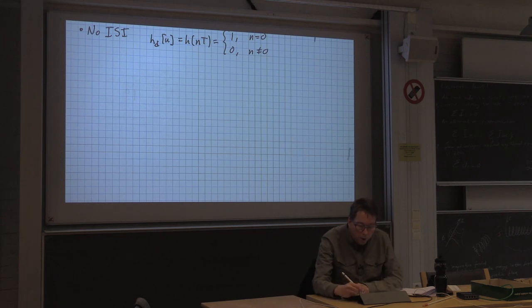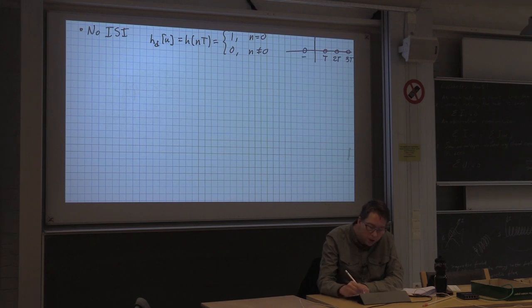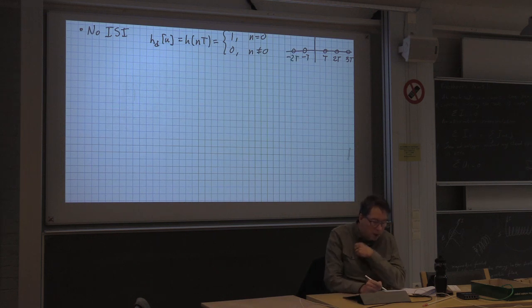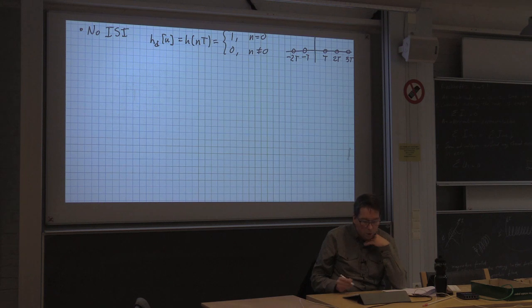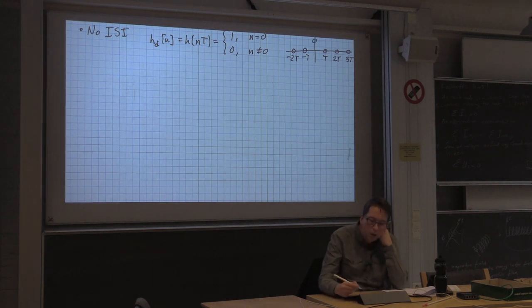Essentially what we're looking for is a pulse where we have zero crossings every capital T seconds: T, 2T, 3T, and also negative T, negative 2T, and so forth. And we need one more thing, we need it to be 1 when t is equal to 0.